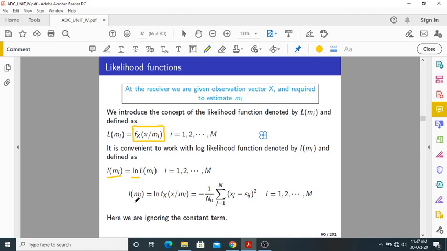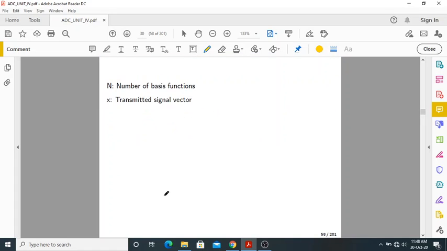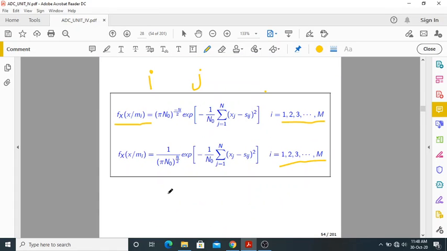Likelihood function is the natural logarithm of the conditional PDF of vector capital X. Let me go back. I am simply taking the natural logarithm of this term, and that gives you the likelihood function, which we call L of Mi.